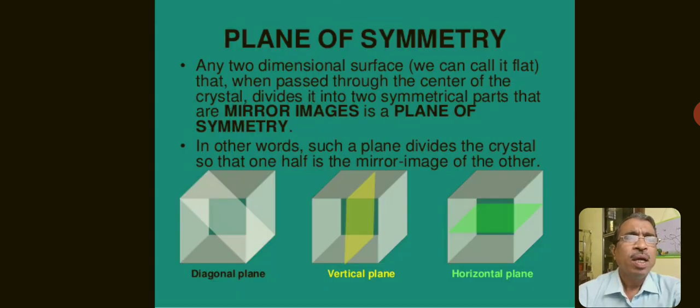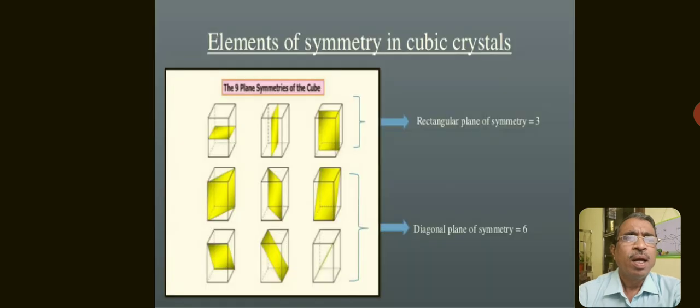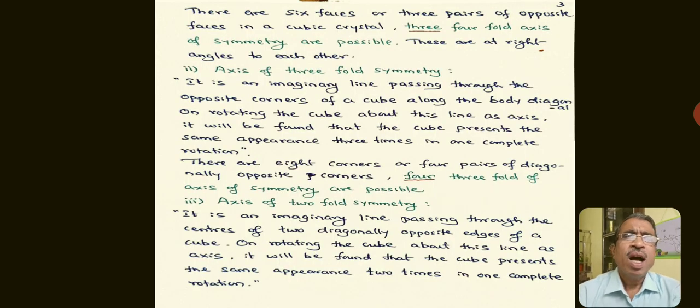So, there are 6 faces in a cube or 3 pairs of opposite faces in a cubic crystal. Hence, 3 4-fold axes of symmetry are possible, and these are at right angles to each other.